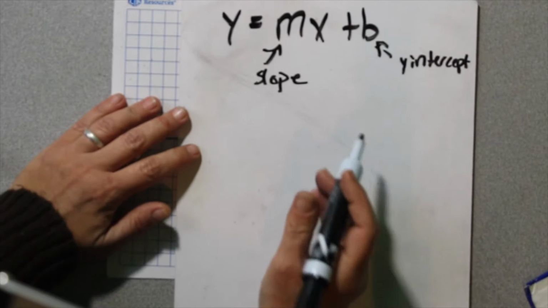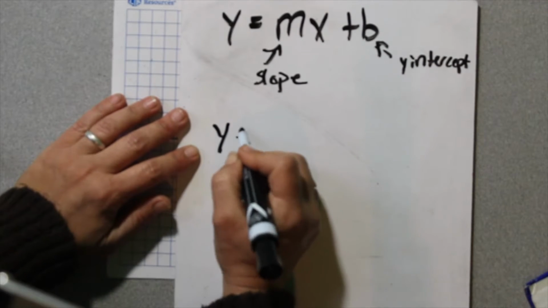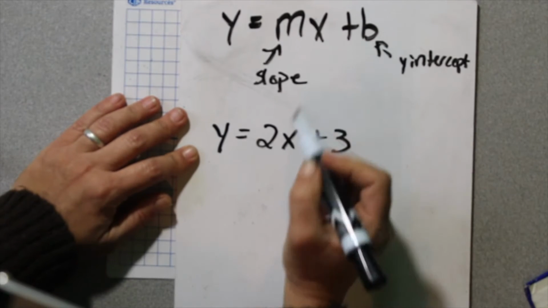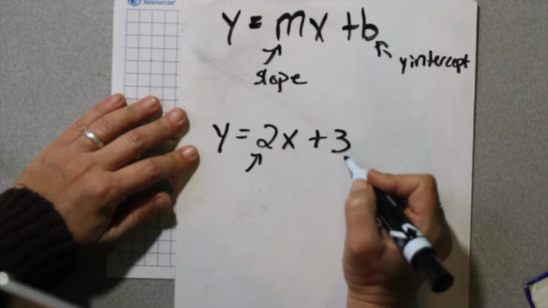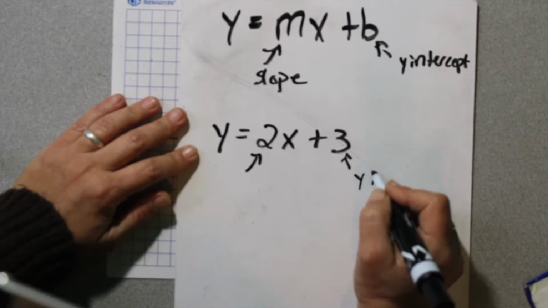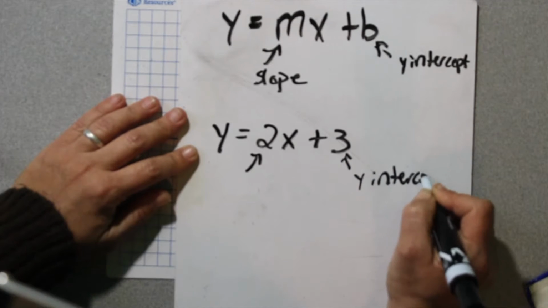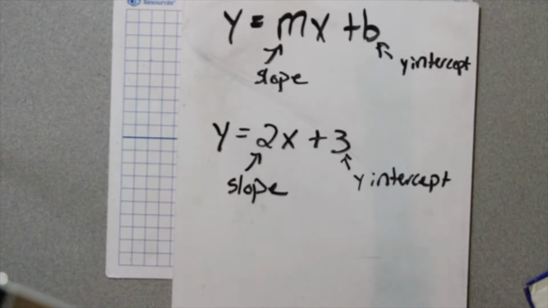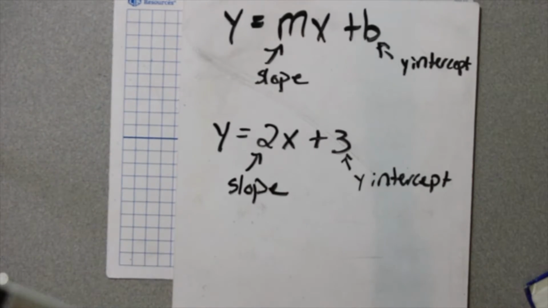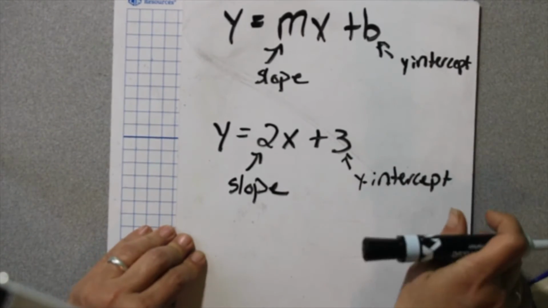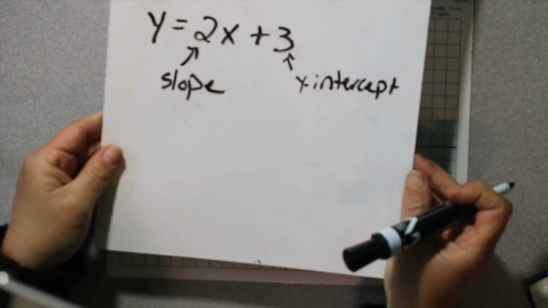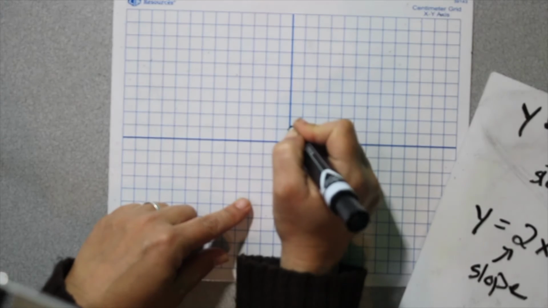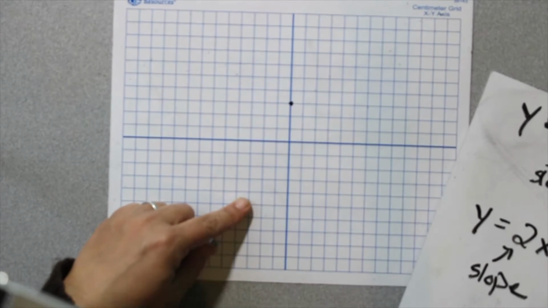So if we have it written as y equals 2x, let's say, plus 3, our slope is 2. Our y-intercept is 3. And that will allow us to graph this line without making a chart. So our y-intercept is 3. That just means that that is where it's going to cross that y line. So if our y-intercept is 3, we're just going to go on our y line and we're going to say 1, 2, 3 and make a dot.